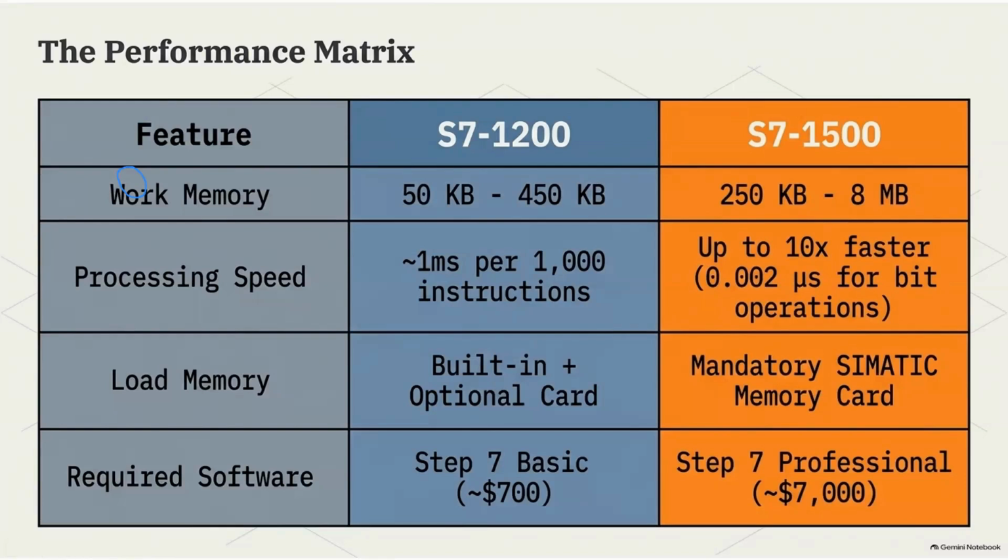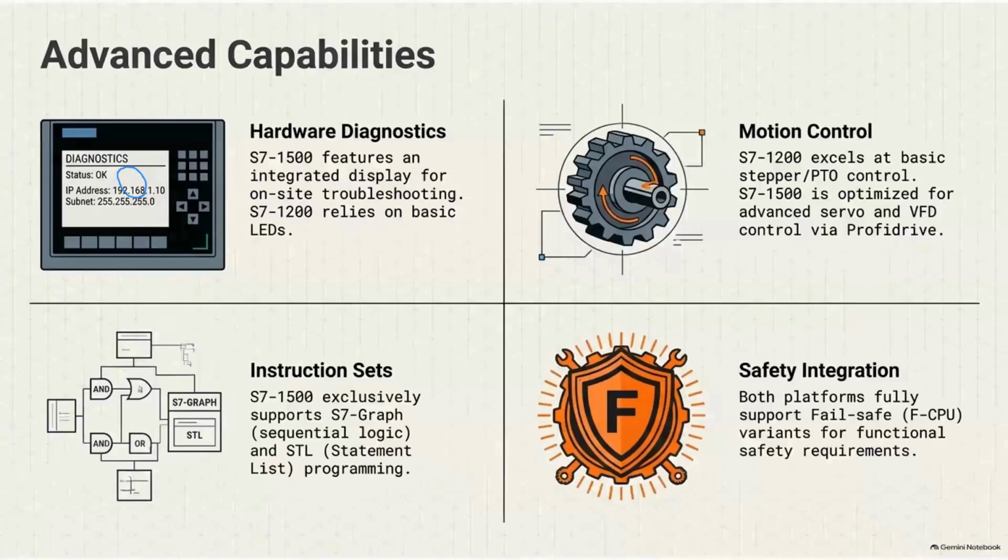Since S7-1200 is for localized standalone equipment, all these specs are limited, whereas S7-1500, being a big distributed control system, has good specs. And since S7-1500 has a diagnostic screen on the PLC unit itself, we can monitor any input there from a monitor and control, and we can troubleshoot there also.